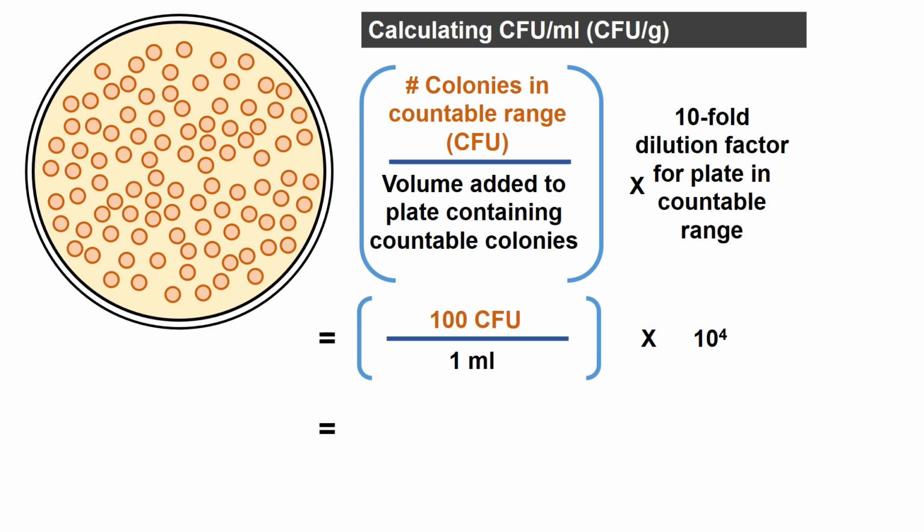So let's do this. 100 CFU divided by 1 mil times 10 to the 4th is, I'm going to put 100 over here, and I'm going to keep that orange. And then I'm going to add 4 zeros because 10 to the 4th is 4 powers of 10, which is actually 10,000.